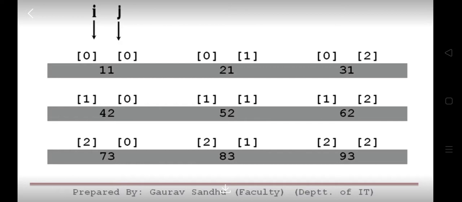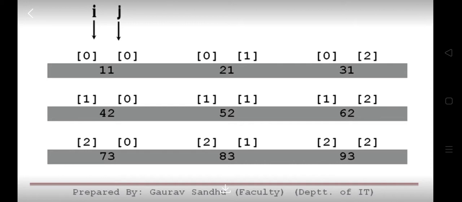So in this diagram the value of i represents the row number and the value of j represents the position of the element stored in a specific row. Now if we see vertically, we can see 11, 42 and 73. They are stored at different rows but at the same column. So the value of j will be the same for 11, 42 and 73 but the value of i will vary.